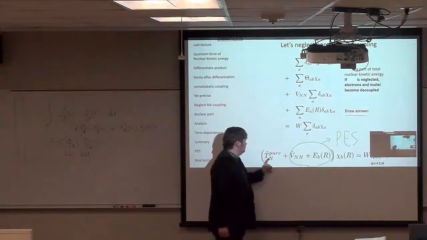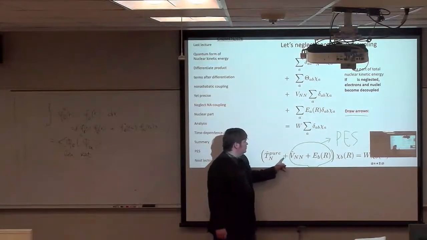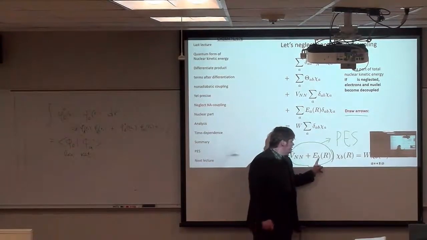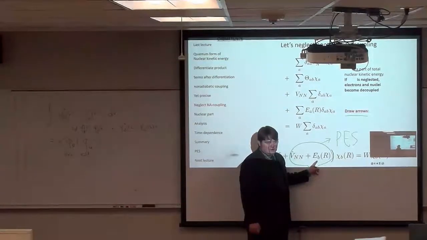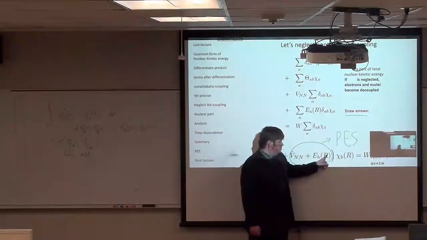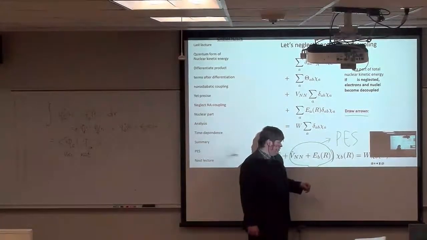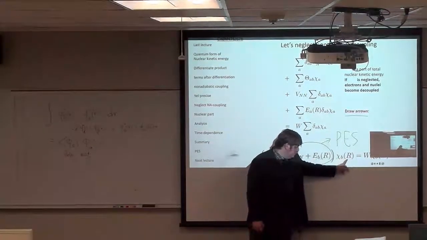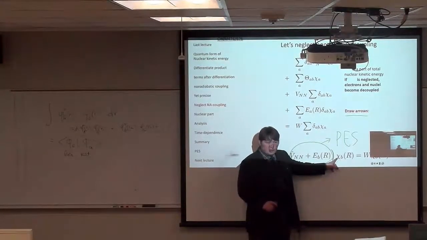We get three terms: pure kinetic energy, nuclear repulsion, and the eigenstate of the electronic Schrödinger equation, which parametrically depends on the position of ions, acting on the unknown nuclear wave function. See, we still have the nuclear wave function.